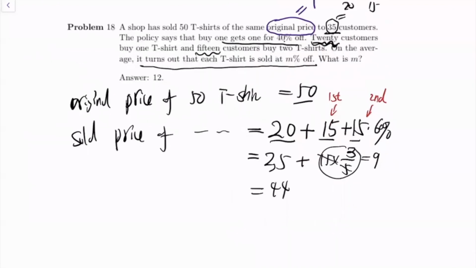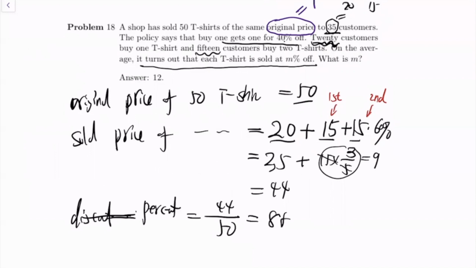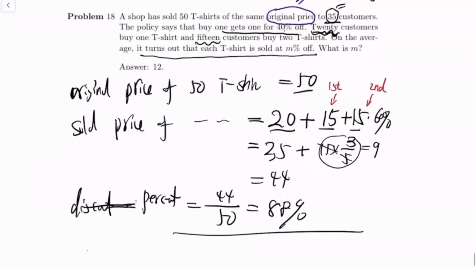And then the percent will be 44 over 50, which is 88%, right? Sold at 88% of the original price, and then the discount off will be 1 minus 88%, so it's 12%.